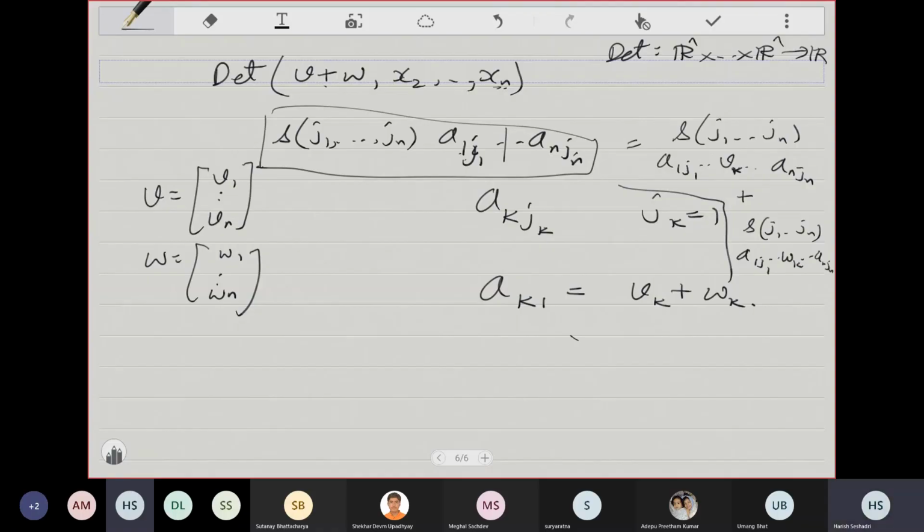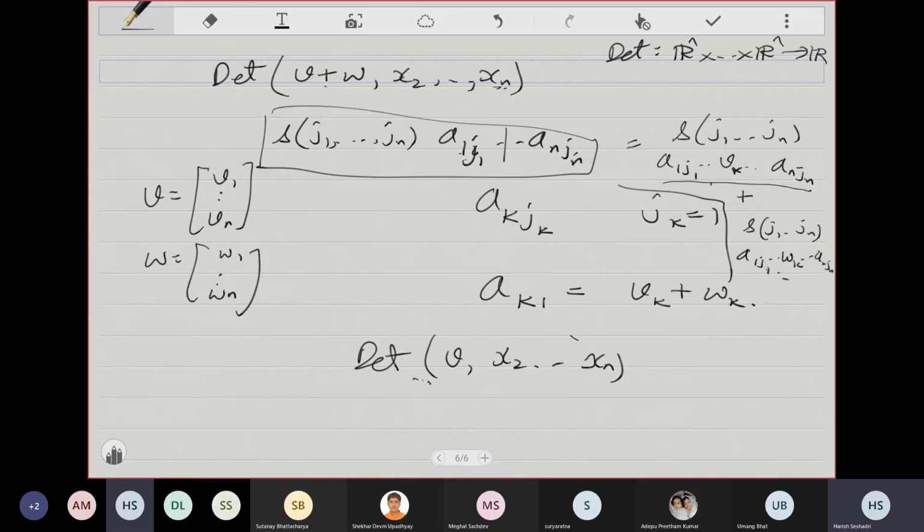But if you notice, this first part is the same as the corresponding term in the determinant of V, x2, ..., xn. The expansion of this will contain precisely this term in that place.